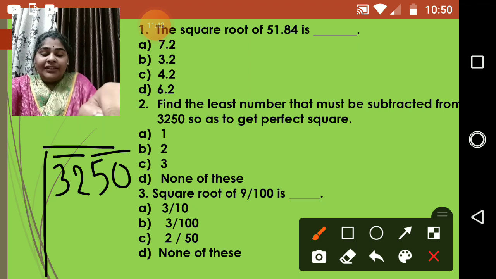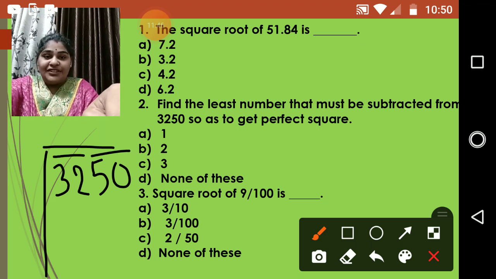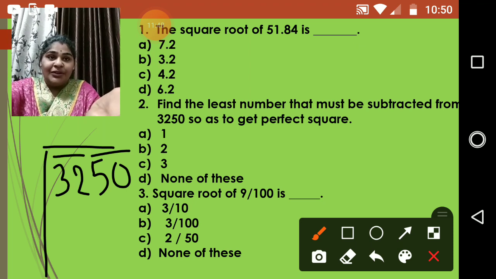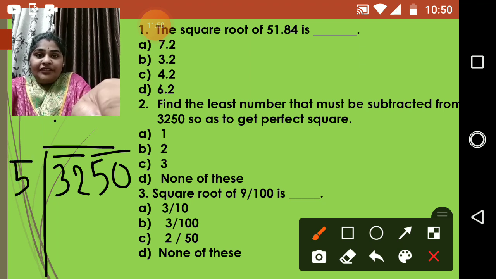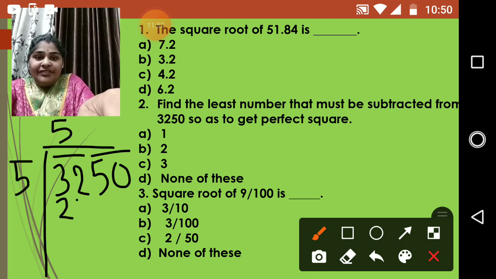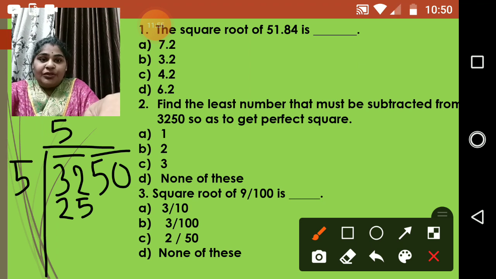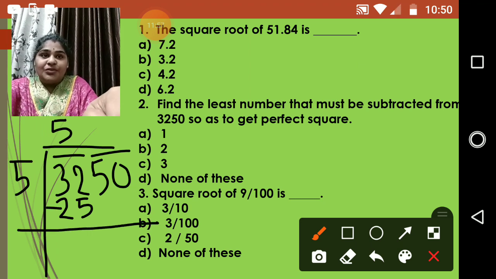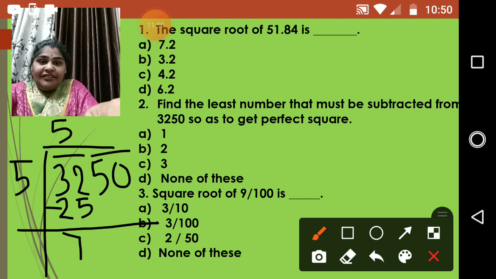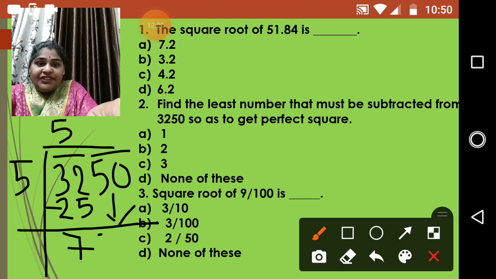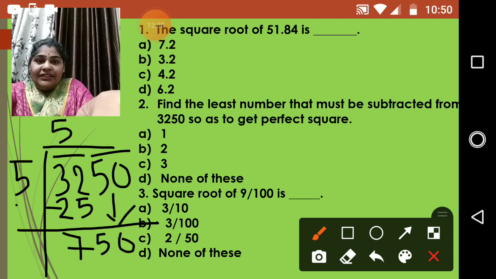I'll start pairing it. Now my first number I can see over here is 32. And I know 5 5s are 25, the nearest square number. So 32 minus 25 will give me 7, and this 50, the next pair, will come down.